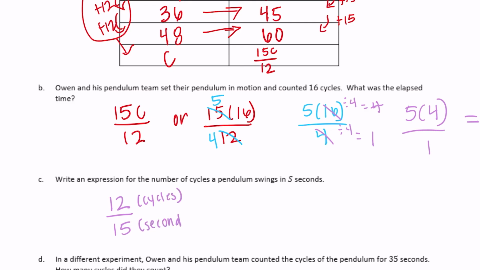Cycles per second, 12 over 15, in S seconds. So cycles per second, and then multiply it by however many seconds you have. So you do 12 over 15 S. Or you can reduce it like we did back here, we know 12 and 15 have a common factor of 3, so we could just make it 4/5 S.